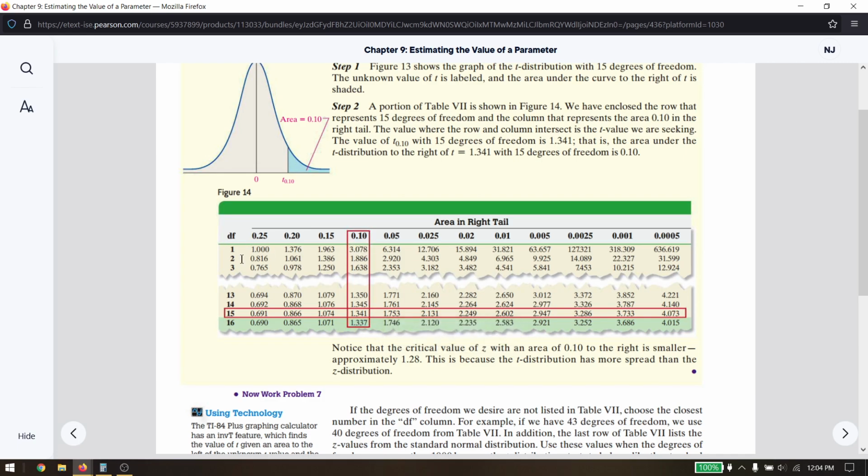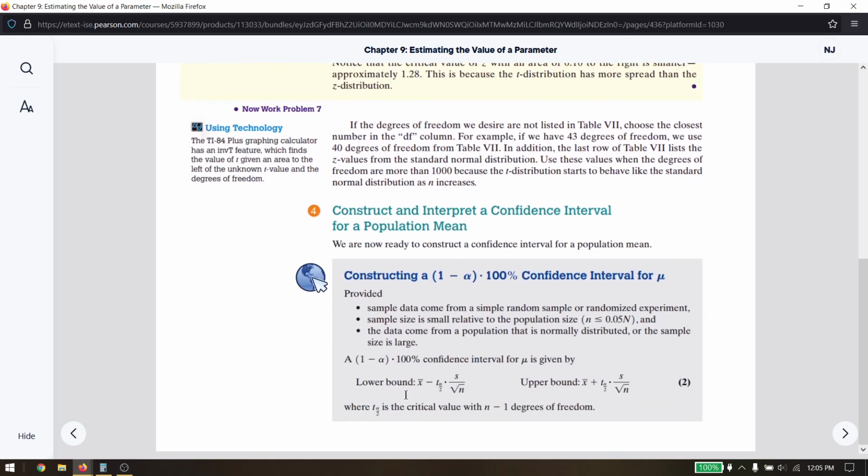In fact, if you have 1 degree of freedom, you have the largest of them all. And that's true for every single column. As you go up, the numbers get bigger. So by decreasing the degrees of freedom, t increases, and if t increases, your interval gets wider. The lower bound gets smaller, the upper bound gets bigger.